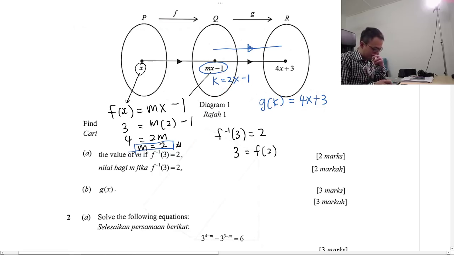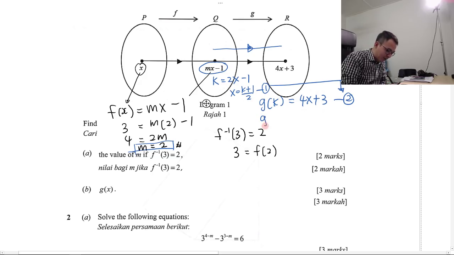So in order to find g(x), I want to make the other side in terms of k as well. So I can say g(k) equals something in k, then g(x) will equal something in x. My logic over here is I will make x the subject of this equation. You can see x is, I move the negative 1 to become plus 1, k plus 1 over 2. I let this one be my first equation, this one my second equation, and then I substitute my first equation into my second equation.